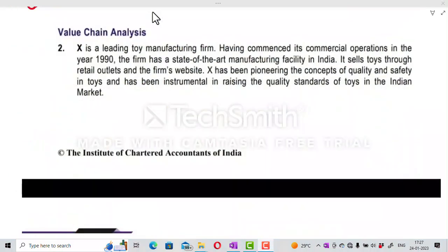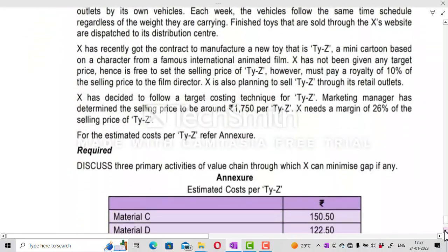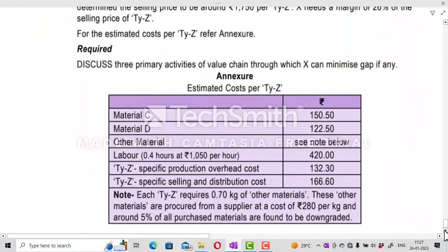Okay. Then coming to the next question, it is regarding value chain analysis. See, first let's see what the question is asking. Discuss three primary activities of the value chain through which X can minimize the gap, if any. So they are asking about primary activities.